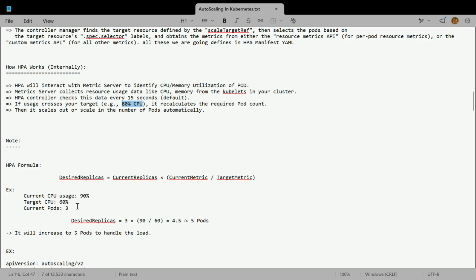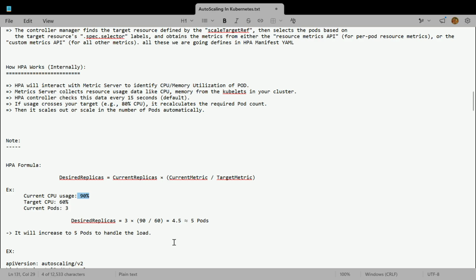Suppose you already set a threshold value of 60%, and currently CPU usage is 90%, and you have the existing 3 pods. Every 15 seconds, which is the default set by the HPA controller, it calculates: 3 pods into the current metric utilization of 90%, divided by the target CPU that you set, 60% or 80%.